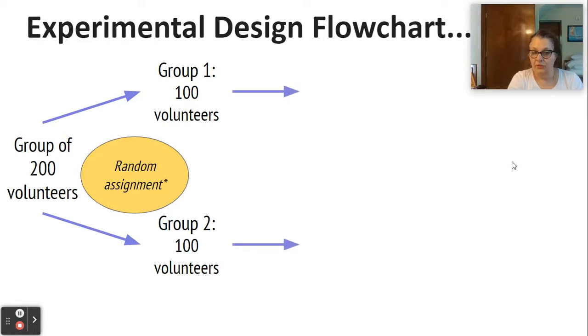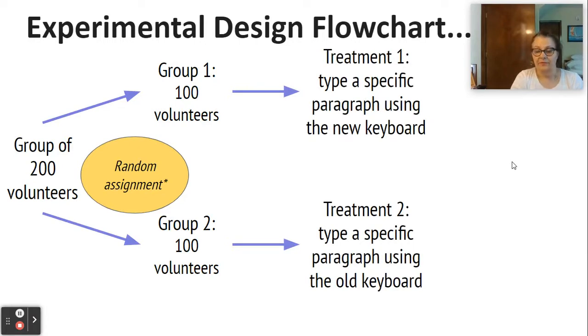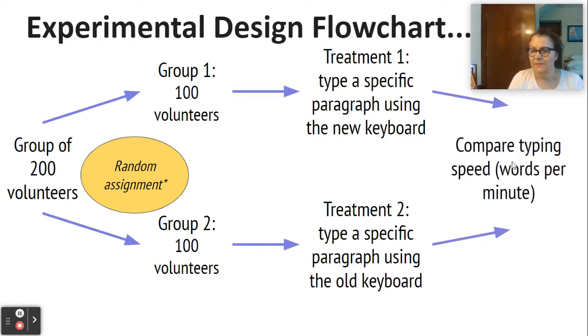Then in each group, the first group gets treatment 1, and I have to be specific. Treatment 1 is going to type a specific paragraph using the new keyboard, and group 2 is going to get treatment 2, where they type a specific paragraph using the old keyboard. And then last but not least, I'm going to compare the typing speeds, or words per minute, between the 2 keyboards.